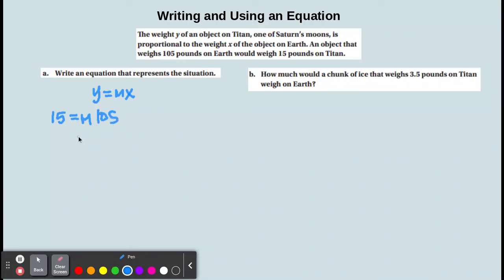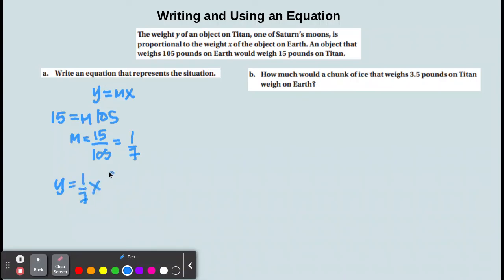Okay, so if we were to solve for m, we would find that m equals 15 over 105, which is the same as 1 over 7. So then our equation would become, this is our m, y equals 1/7 x.